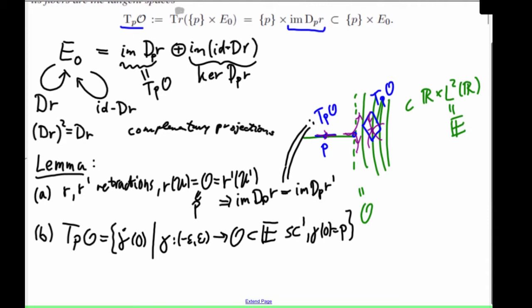Right, and there's no R in this definition, so that also shows us that tangent spaces really make sense without having to choose the retraction. All right.